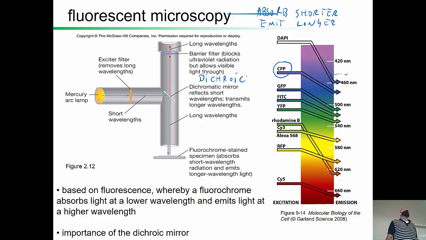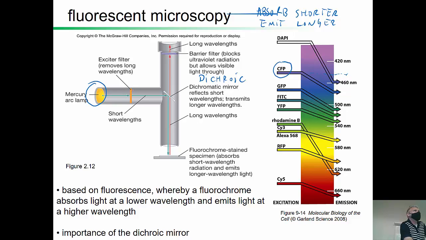What a dichromatic mirror does is it works like a normal mirror for a short wavelength, and there'll be some wavelength cutoff. And anything longer than that wavelength will actually pass through that mirror as if it's a piece of glass. Okay? Magic, I know. So the way that we can utilize this in a fluorescent microscope is that we can generate a wavelength at right angles to the viewing tube.